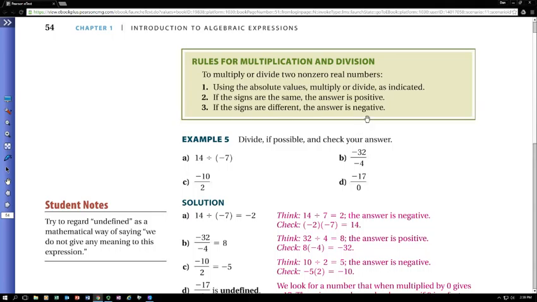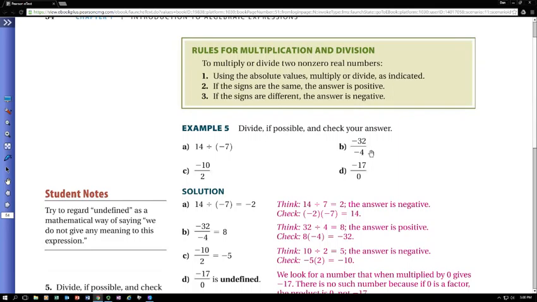I determine the sign first, and then absolute values is distance from 0. So like this one here, I know the result of this division, the answer to this division is called a quotient, is going to be negative. In this case, -2. This quotient, fractions are division too. And I could say simplify this fraction too, would be one way.